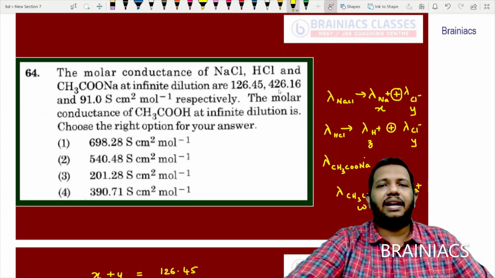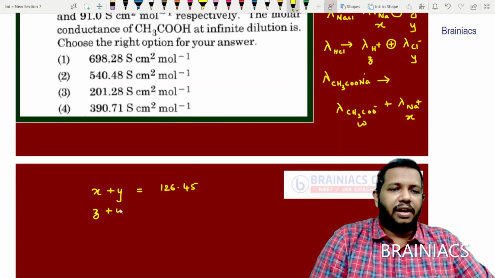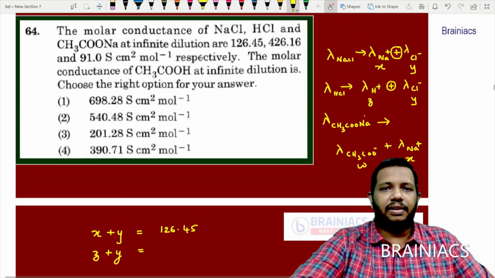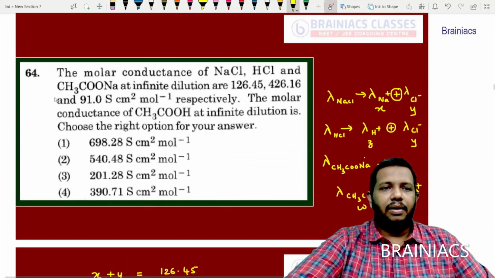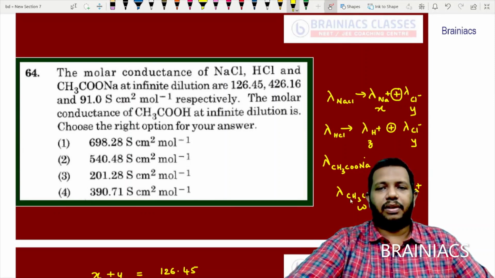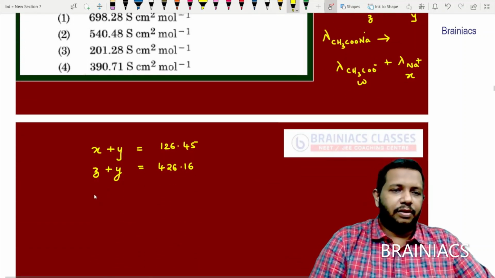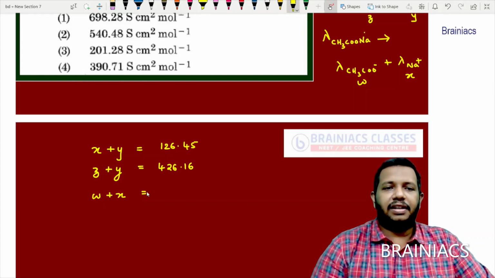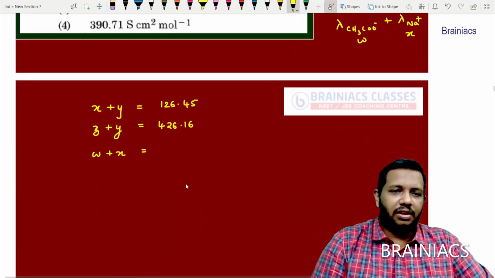Next, HCl is given as 426.16, which is nothing but Z plus Y, so Z plus Y is equal to 426.16. The third one is sodium acetate, given as 91 Siemens square, which splits as W plus X, so W plus X is equal to 91. So you have got three equations.